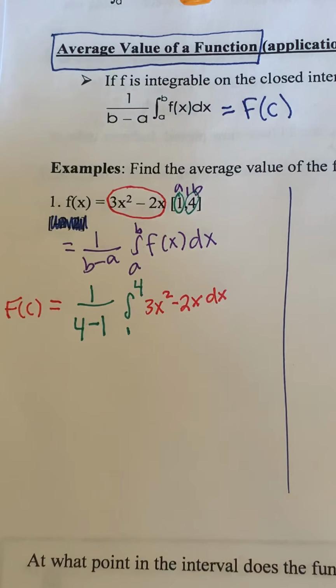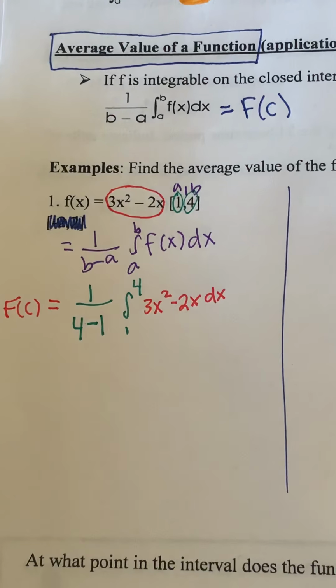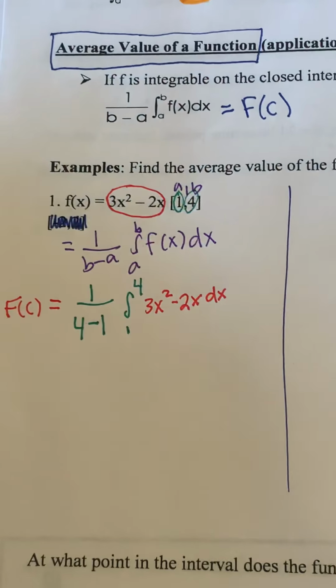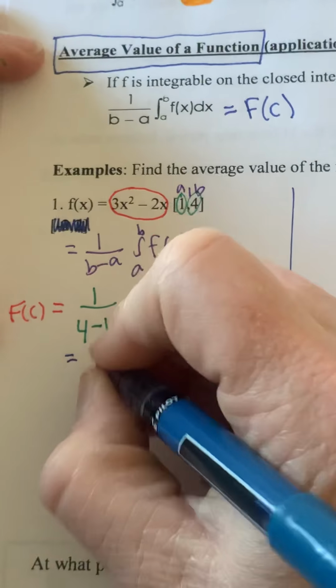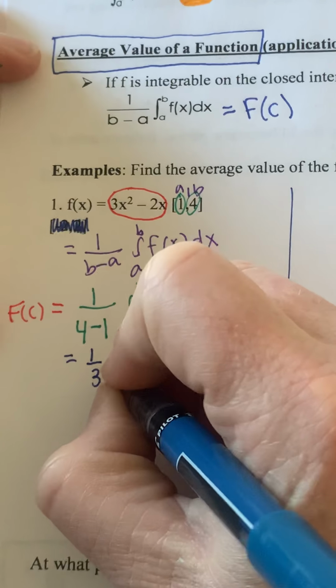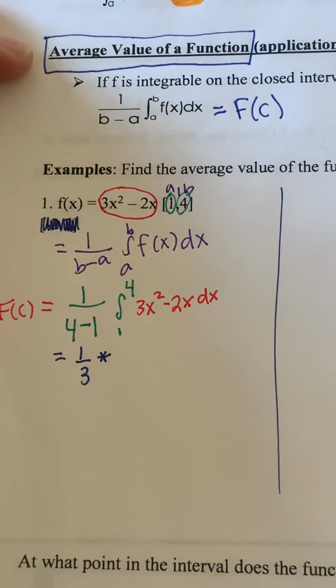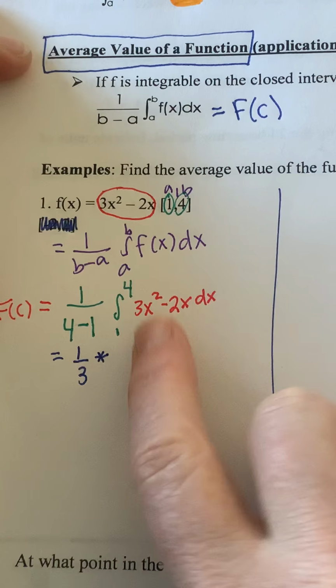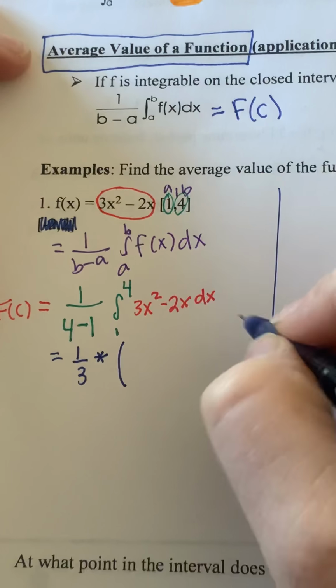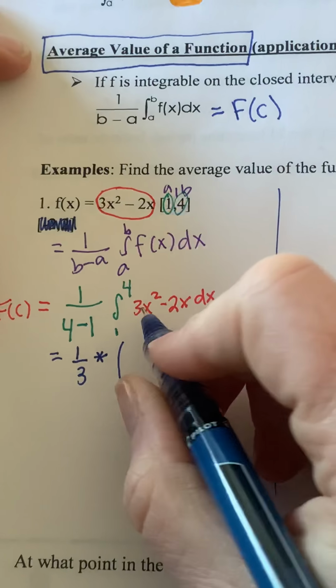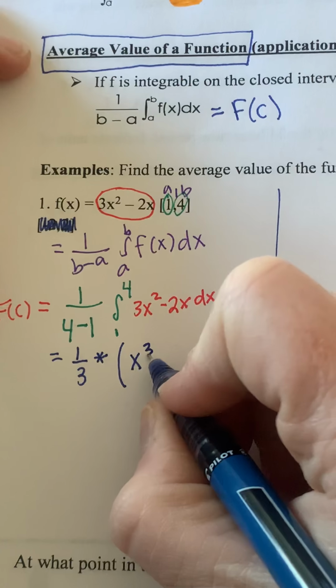Okay, so let's integrate that, or simplify. So we've got to do the fraction and the integral, okay? So this would be 1 over 4 minus 1, which is 1/3, times, now integrating 3x squared, let's do a big parentheses because we're going to integrate this, would give me x to the 3rd.